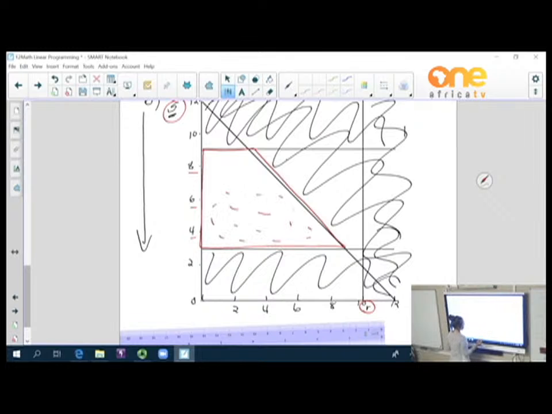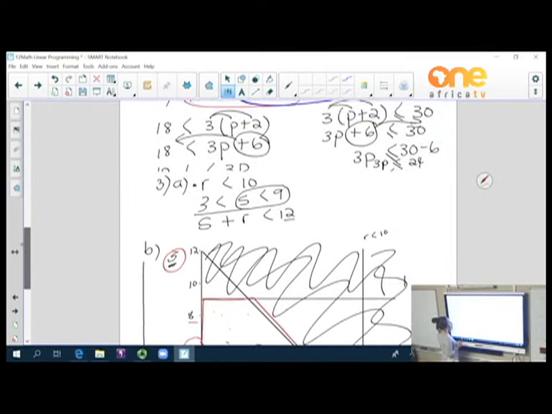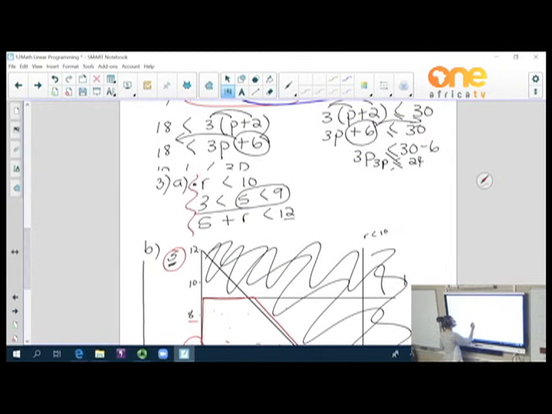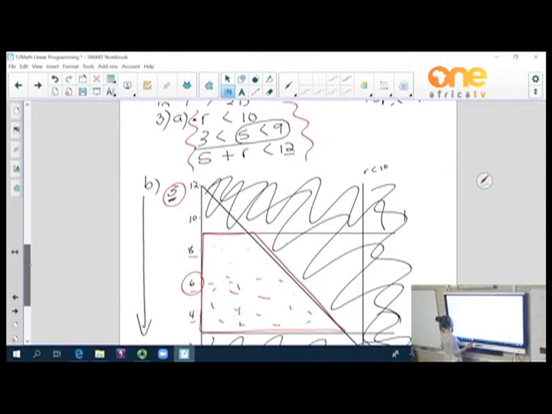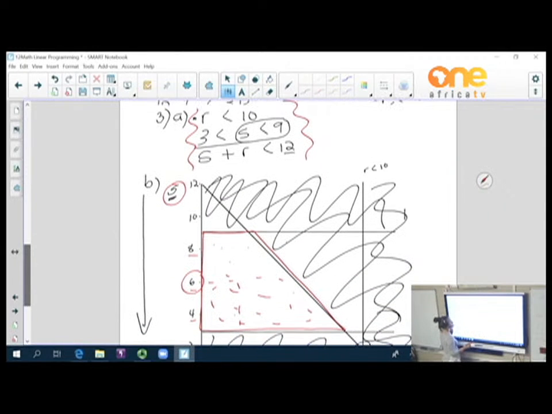So for example, R we have 2 cases, and S we have 6 cases. Just make sure that the answer you choose for C fits with the inequalities that you have drawn up.